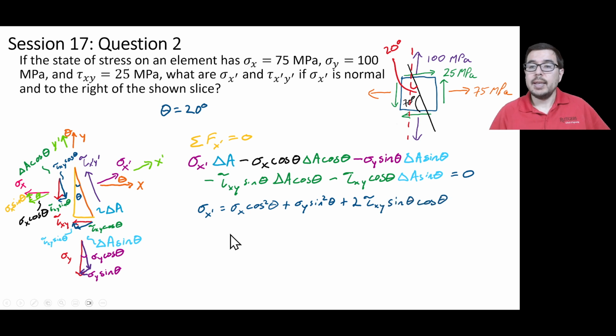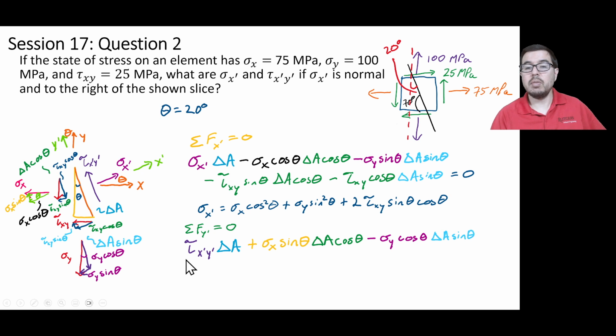Continuing the algebra, we can simplify to have the following equation. All right, and so we have the cosine squared, the sine squared, and those are there. And then we have 2 of these tau xy sine theta cosine theta. For the y prime direction, we can go ahead and copy down exactly what we wrote for question number 1, for the components of stresses that are not associated with tau xy.